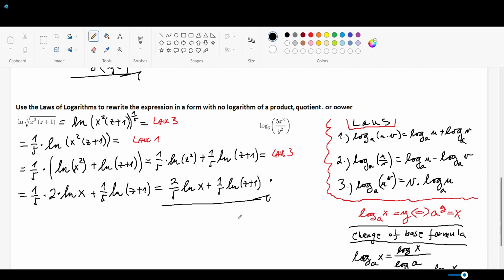As you can see, if you do a lot of training, you can skip a lot of steps in this solution, because you probably don't have to write this as a distribution. You can simply see that this quotient is coming in front of the logarithm.